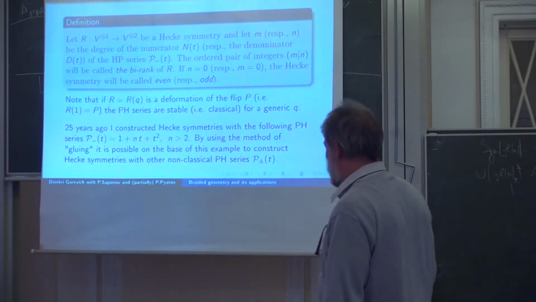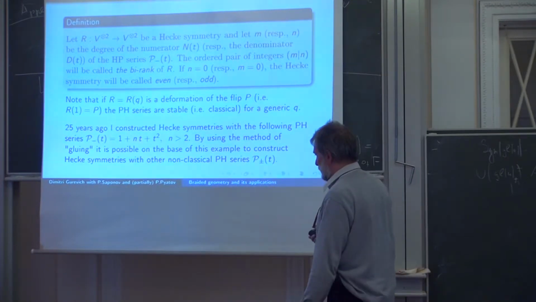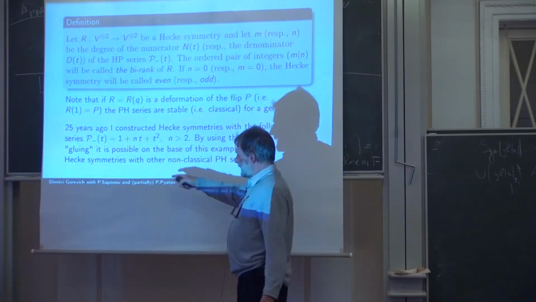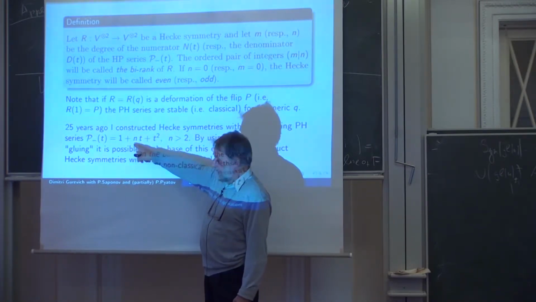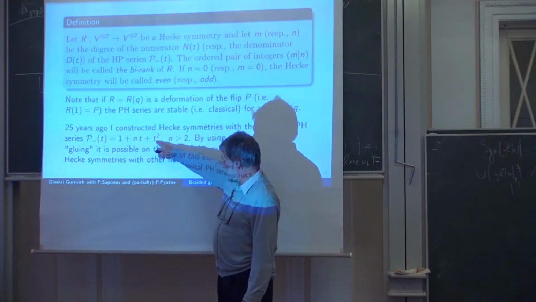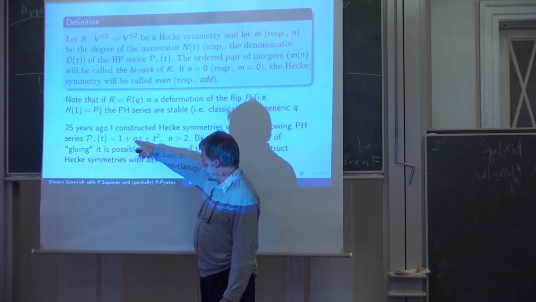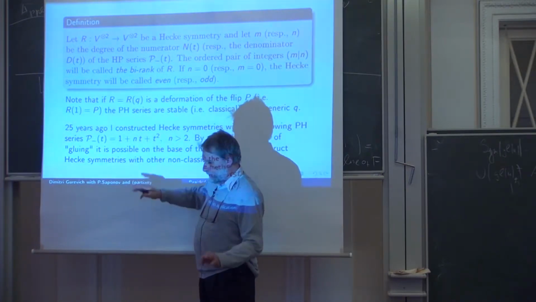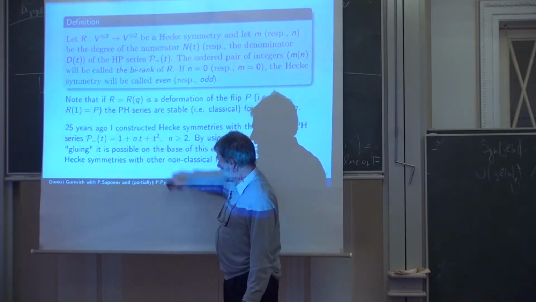But many years ago, I constructed an example as follows. You see, in the classical situation the degree here equals the dimension here. So if we have 3 here, the degree of this polynomial is 3 as well. But I constructed an example where we can have here 100, any positive integer of course, and here the degree is 2.